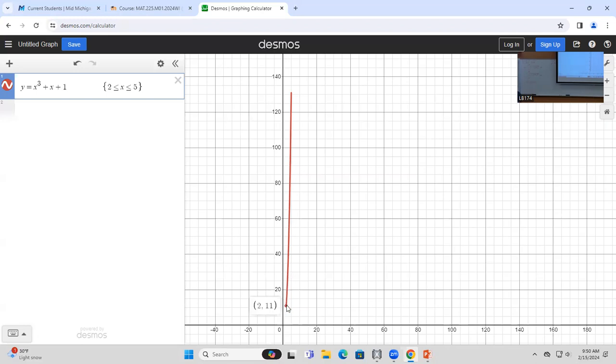Let me say that again. Yeah, (2, 11) to (5, 131). You could have figured out the length of that exactly if it were a straight line. But because there's a little bit of curve in it, it turns out the length is about 120.05. Does that make sense? So there's just a little bit of curve in that.